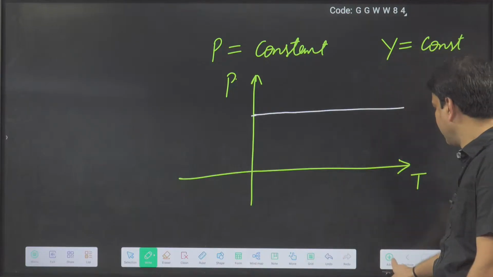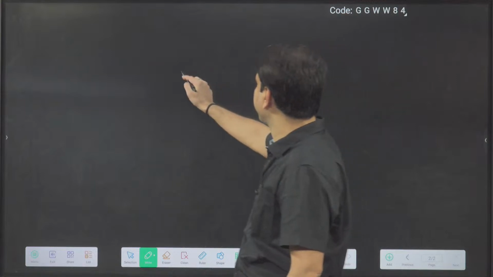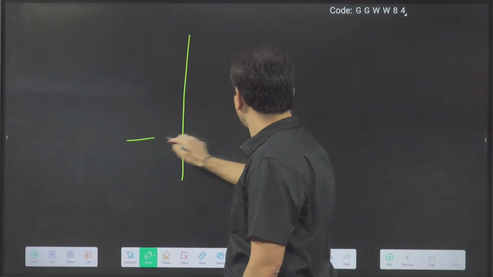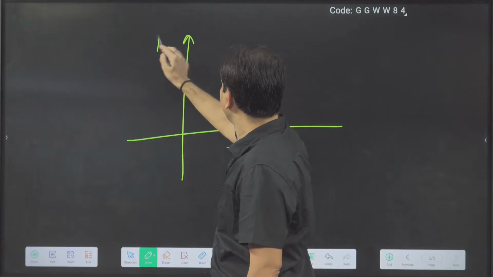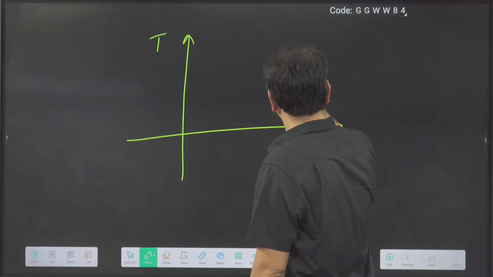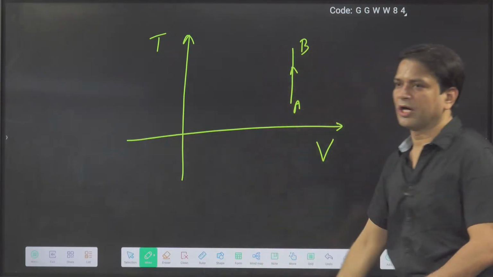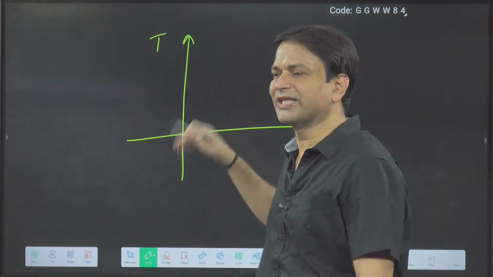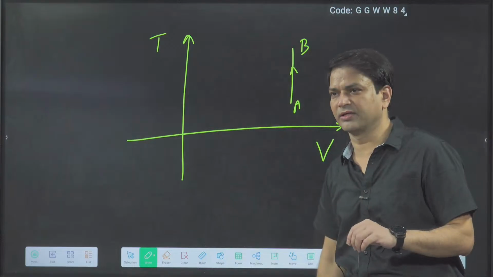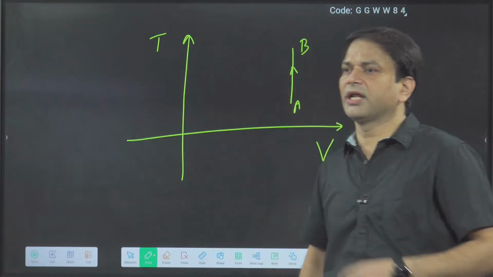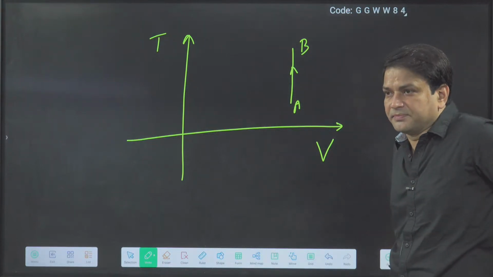Okay. Now suppose this is a TV graph I gave. Who will say on the line AB which quantity is constant?